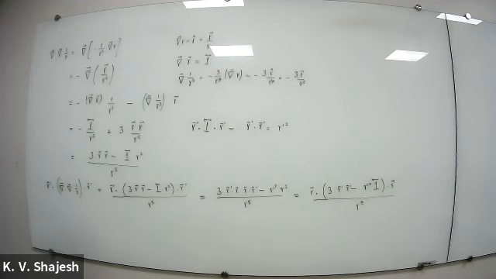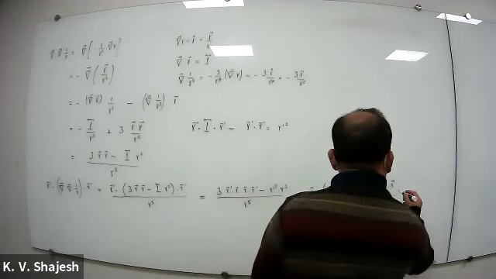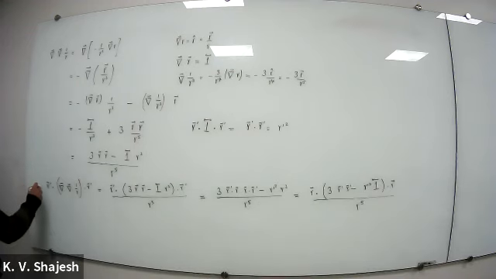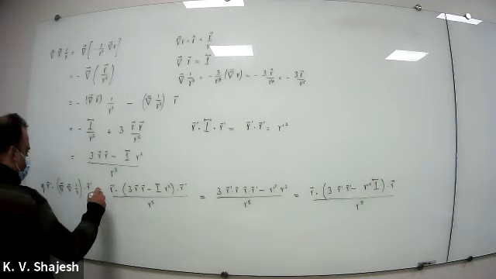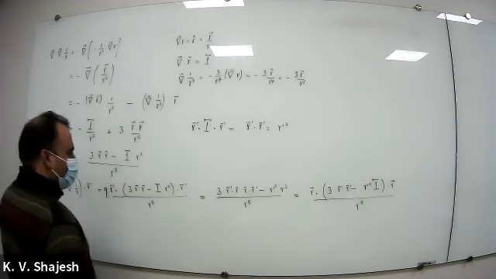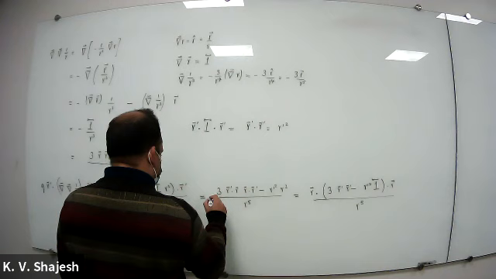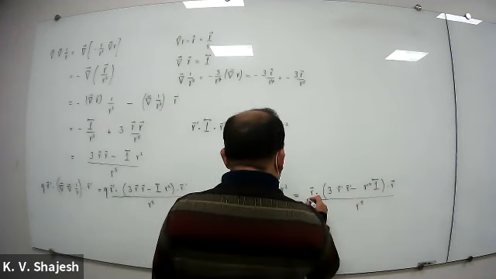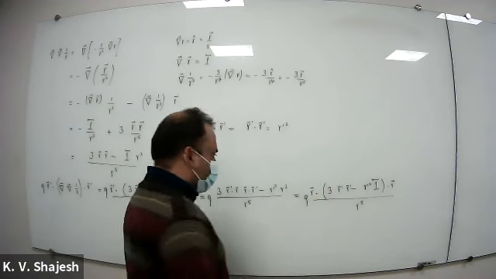And this we will interpret as, so let me multiply by a q from outside.